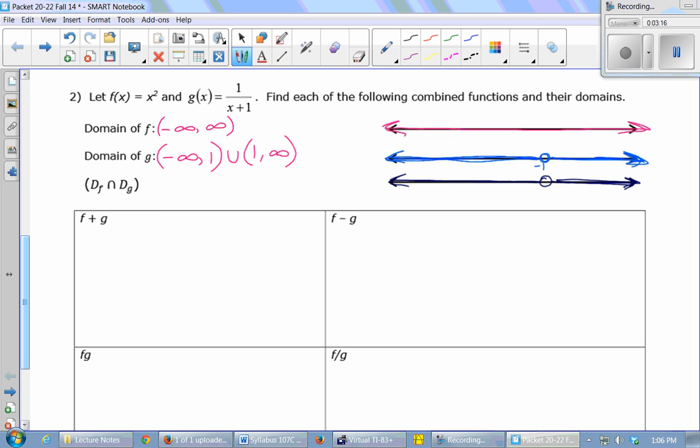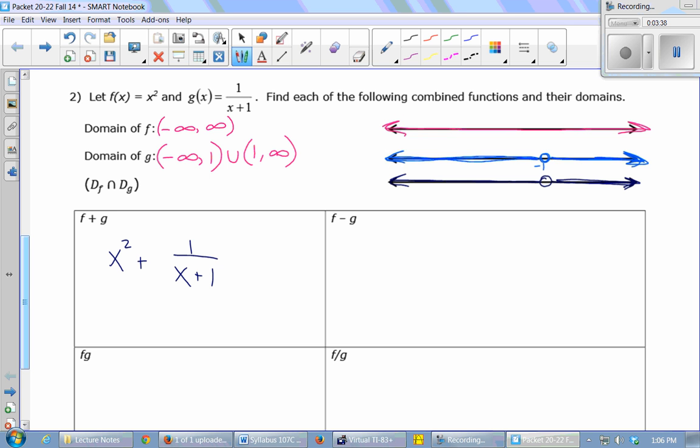So all four of these functions, f plus g, f minus g, f times g, f over g, they all have the domain that is the intersection of the domain of f with the domain of g. Okay, so if I want to add two functions, f plus g, just add their formulas. Done.